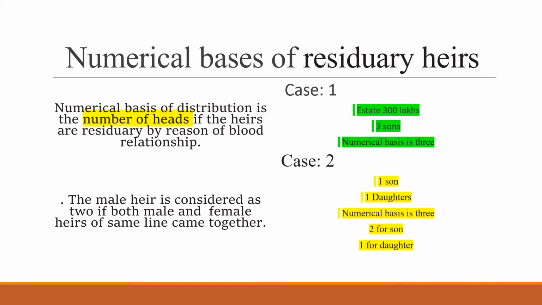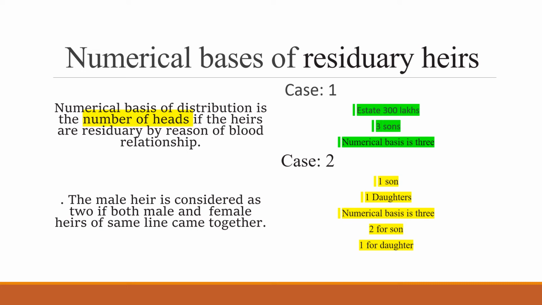Already we know there are two types of heirs. One is residuary and the second one is the fixed heirs, the fixed shareholders. So the numerical basis of residuary heirs, how will it be? Please look at this slide. The numerical basis of distribution is the number of heads if the heirs are residuary by reason of blood relationship.